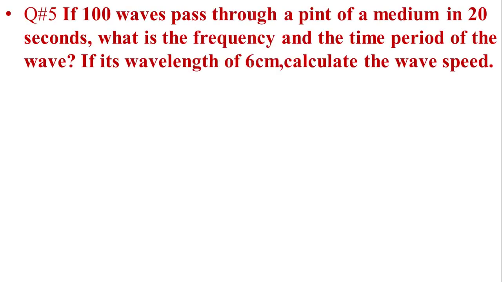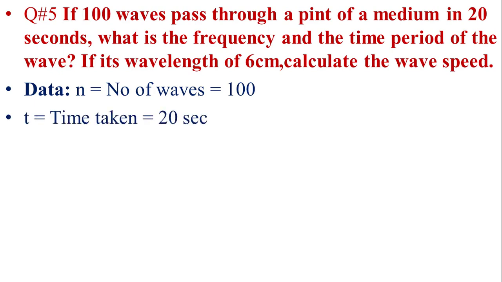Now, in question number 5, if 100 waves pass through a point of a medium in 20 seconds, what is the frequency and time period of the wave if its wavelength is 6 centimeter? Calculate the wave speed. Now given data: number of waves n is equal to 100 and time taken t is equal to 20 seconds.